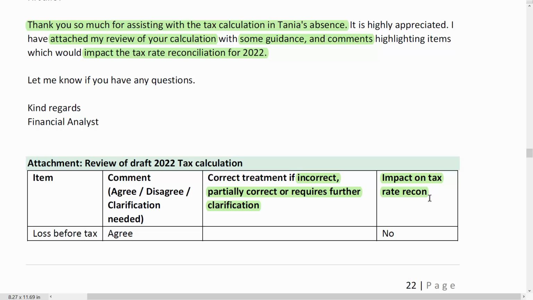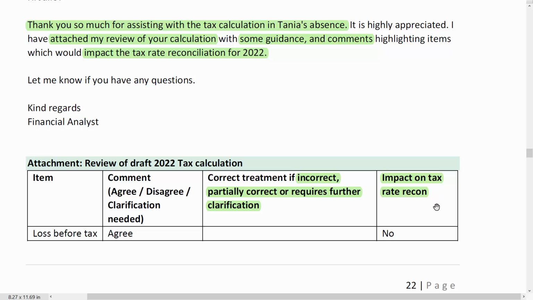in the final column. Now, you would recall from the first part of this video, in being assessed in this particular task, candidates had to identify the elements that were incorrect, partially correct, or where further clarification was provided, and then also the impact on the tax rate recon.